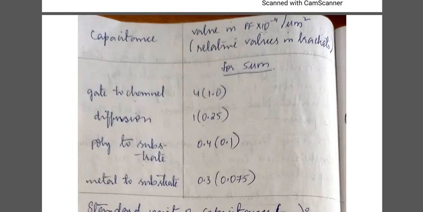These are the values in picofarads into 10 to the power of minus 4 per micrometer square, and these are relative values which are always given in brackets. Okay, this is the tabular column of the typical values of the capacitance. Which capacitance? Area capacitance.